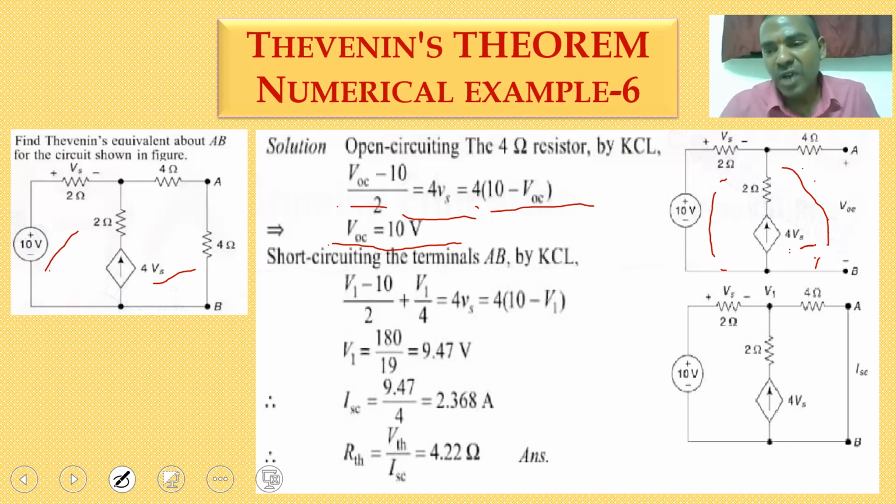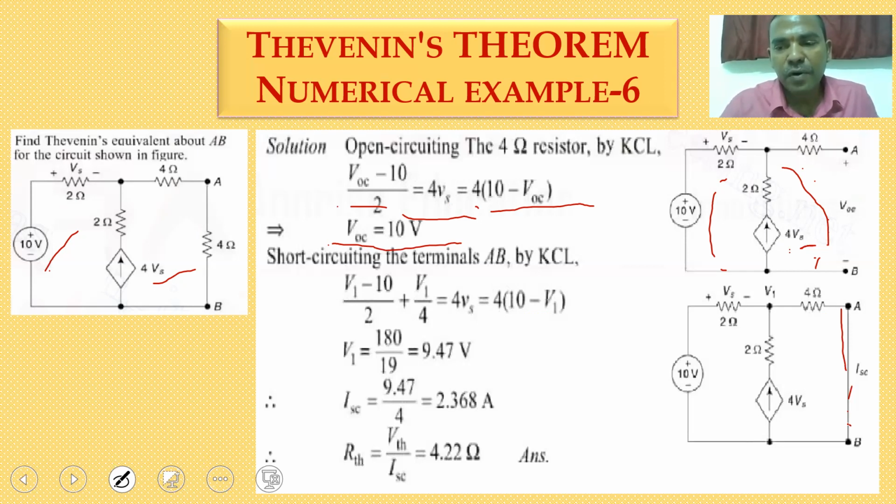Then I am short circuiting the load, and the short circuit current is ISC. So I am going for the application of Kirchhoff's current law. The node voltage I consider as V1. So (V1 minus 10) divided by 2 plus V1 by 4.